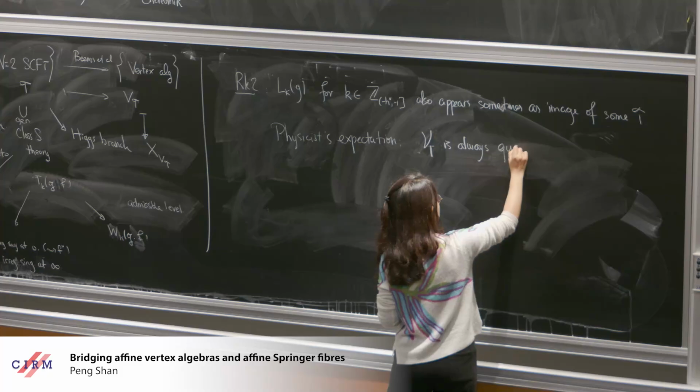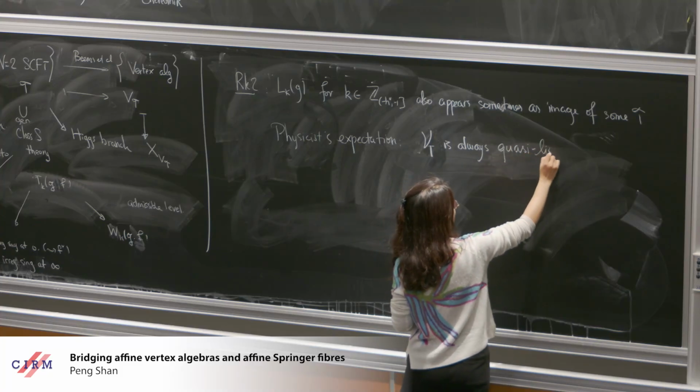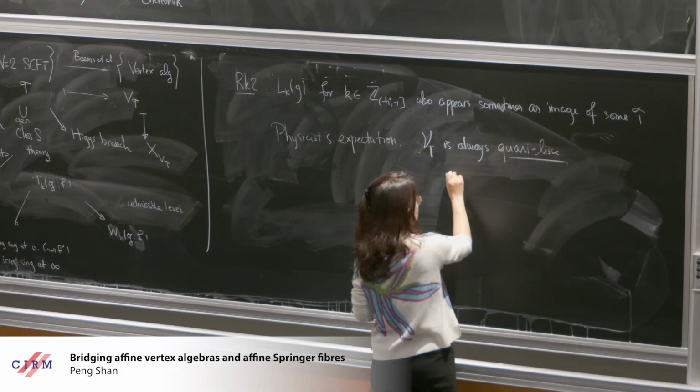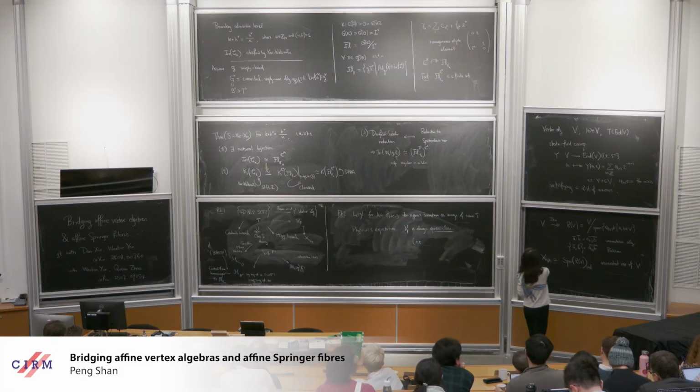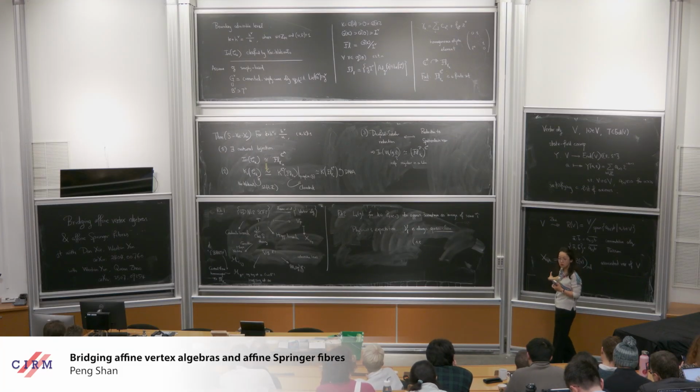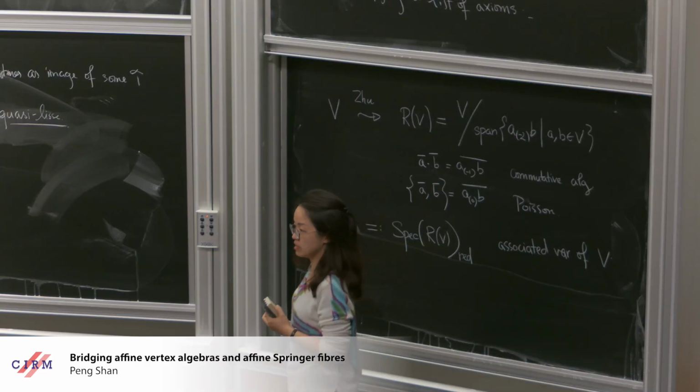What does that mean? That means, by definition, this associated variety, which is a Poisson variety, only has finitely many symplectic leaves.